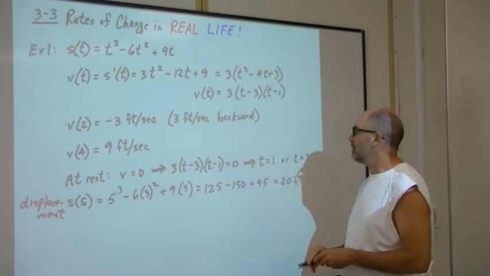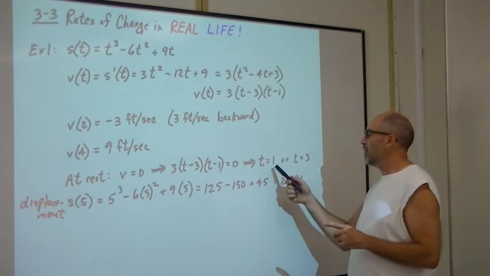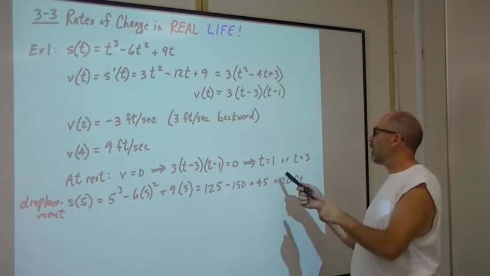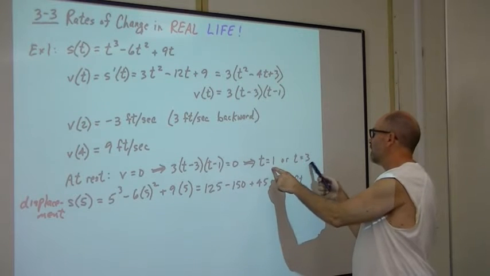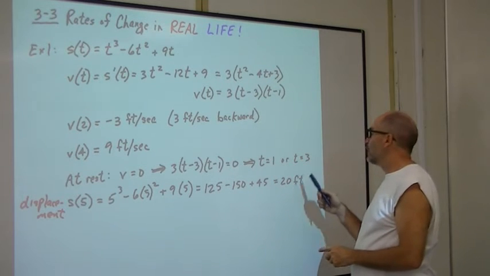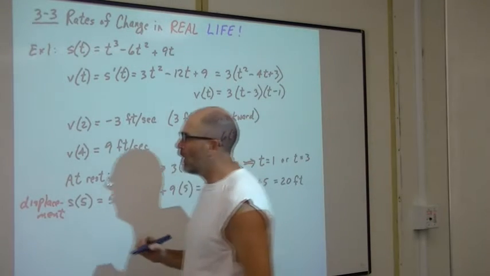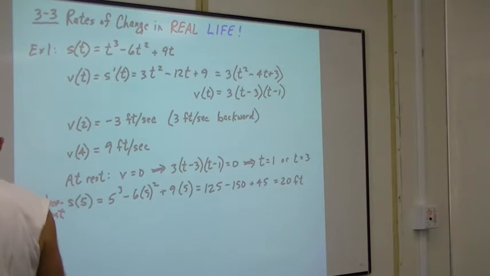So for distance, what we have to do is say, how far did it go in the first second? Then how far did it go from second 1 to second 3? And then how far did it go from second 3 to second 5? Okay, so let's check that out.